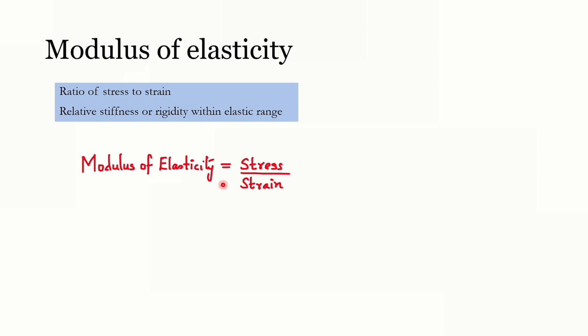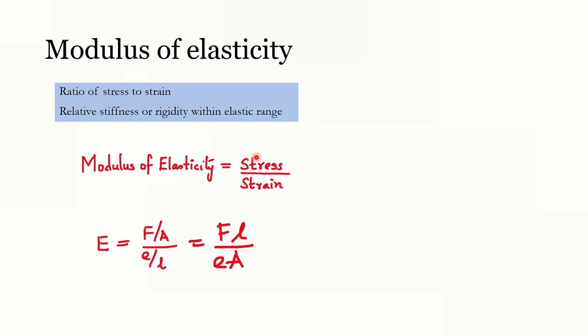We know that stress is represented by force per area and strain by the deformation over the original length. So I can say that it is going to be the product of force and length divided by the degree of deformation times the area on which the force is acting. From this we can deduce that it is directly proportional to the stress acting on the material and inversely proportional to the strain experienced by the material.